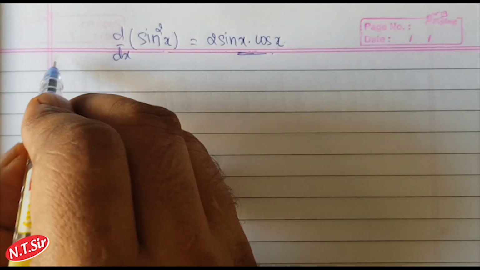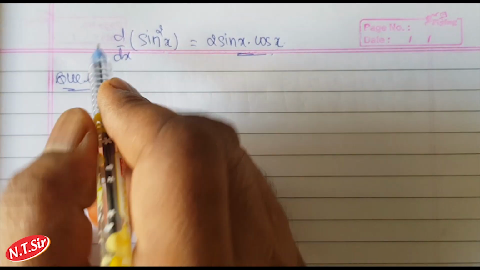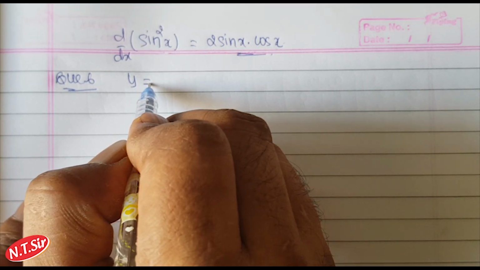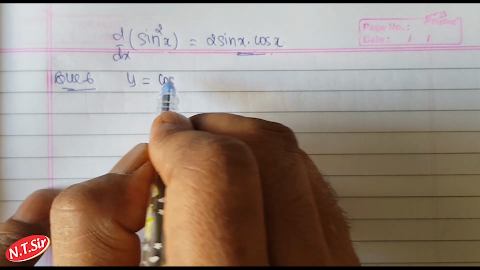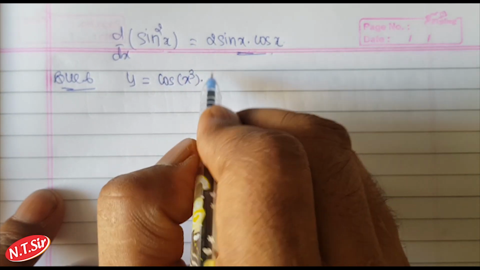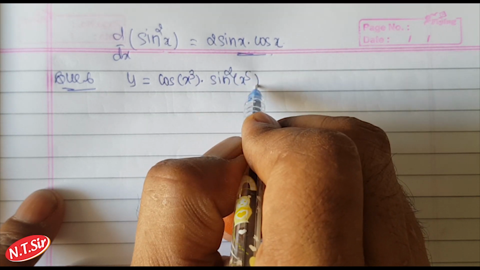So question number 6. Y is equal to cos x cube into sin square x raised to 5.